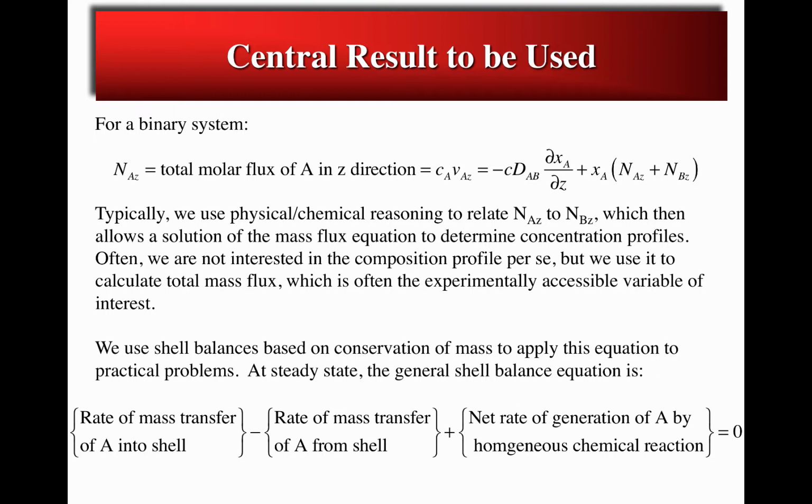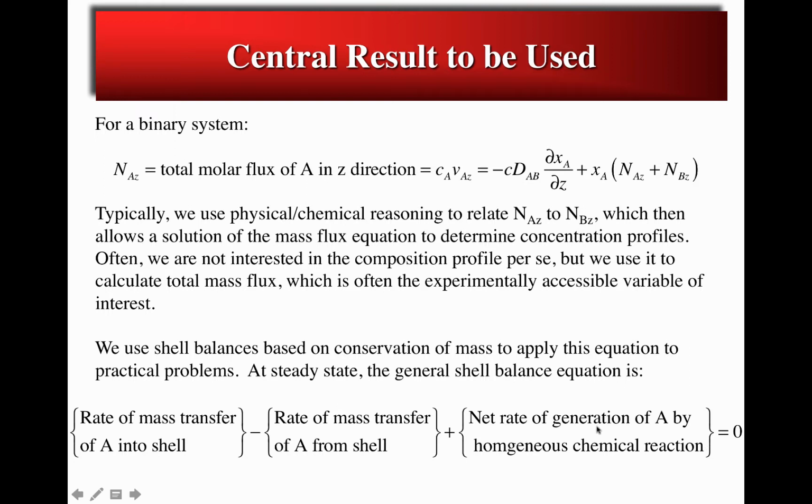And a general shell balance or mass balance over a thin region of space says that the rate of transfer of A into that shell minus the rate of transfer of A out of the shell plus the net rate of generation of A by homogeneous chemical reaction is equal to 0.